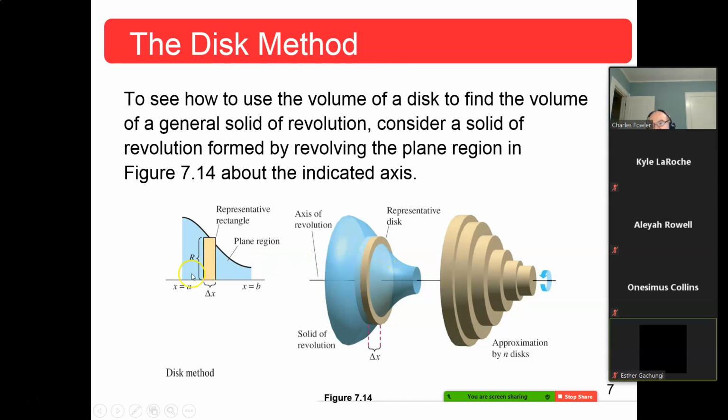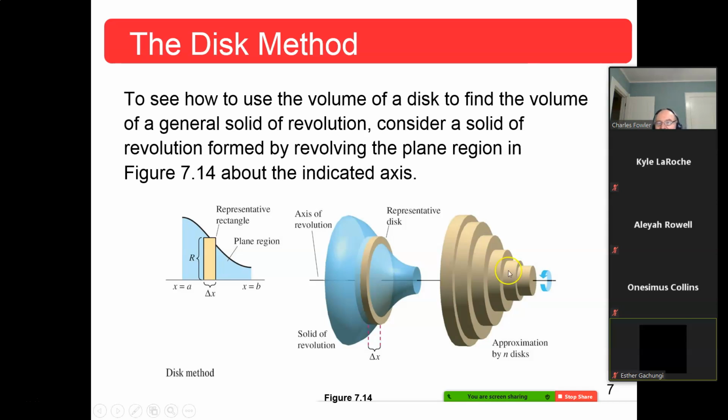Well, if you did that into a series of slices like that, then you would have a series of disks that you're adding together. That's not going to be exactly the same volume, but it's going to be pretty close. How do we make it closer? Let the delta x get smaller and smaller until you get to a limit, going to a dx.